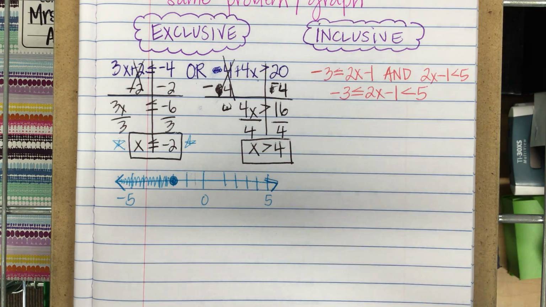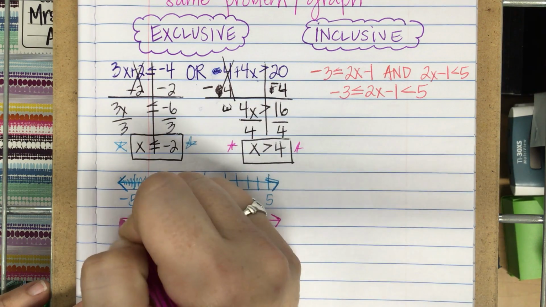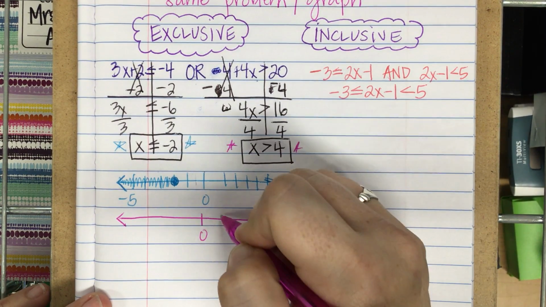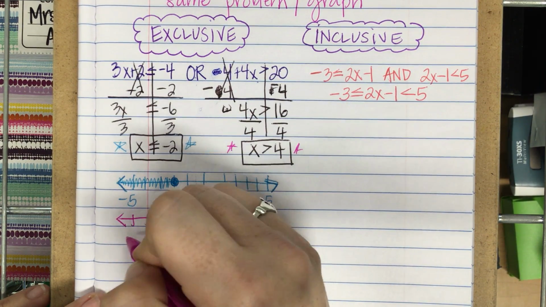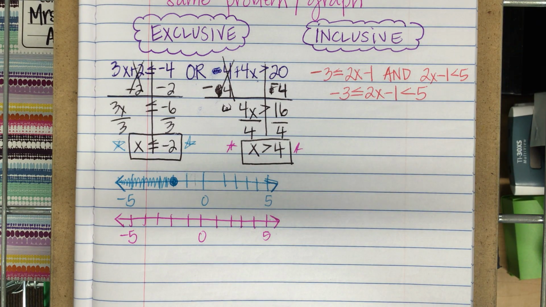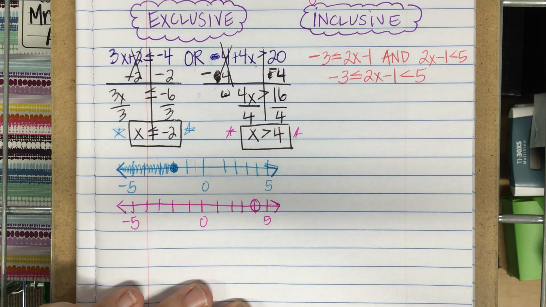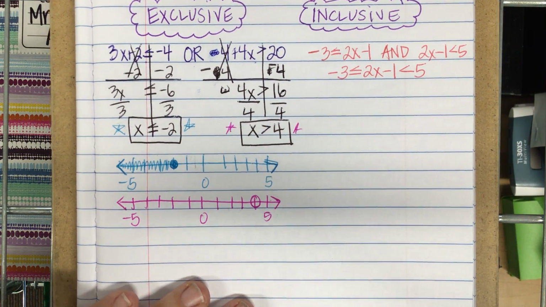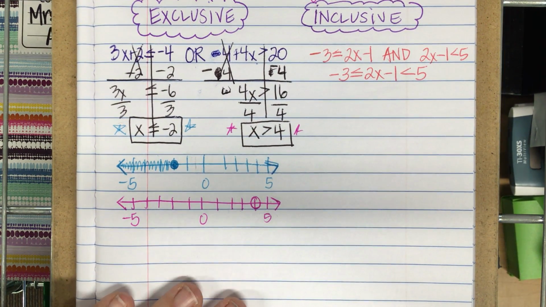All right, let's do the next guy. 0, 1, 2, 3, 4, 5. For my second inequality, it says x is greater than 4. Open or closed dot? Open. Open at 4. Shading to the right or to the left? To the right. X is greater.